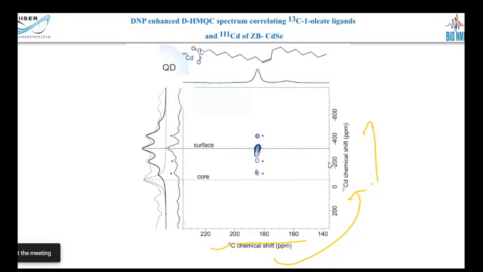Cadmium selenium core quantum dot is capped with this organic molecule. So if you see a correlation between carbon and the core, then that means there is a transfer of magnetization from carbon to the cadmium.